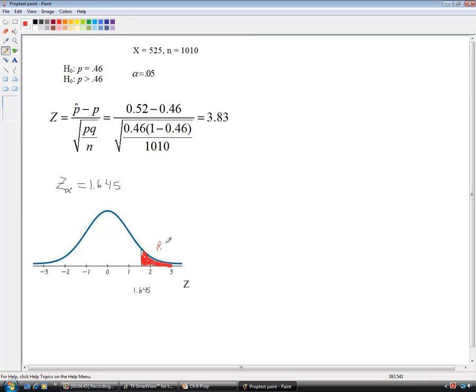This is our rejection region. So any value above 1.645 will cause us to reject the null hypothesis. Well, this value here, 3.83, is going to be well into the rejection region. So it's greater than 1.645, so we reject.